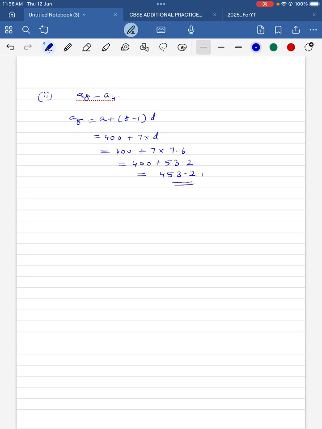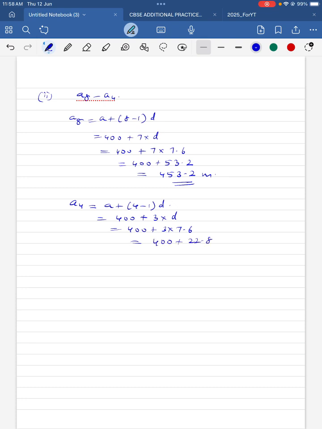453.2 meters. Now, the value of A4 on the other hand will be a plus 4 minus 1 into d, which is 400 plus 3 times d, which is 400 plus 3 times 7.6. Now, 7.6 times 3 gives me 22.8.